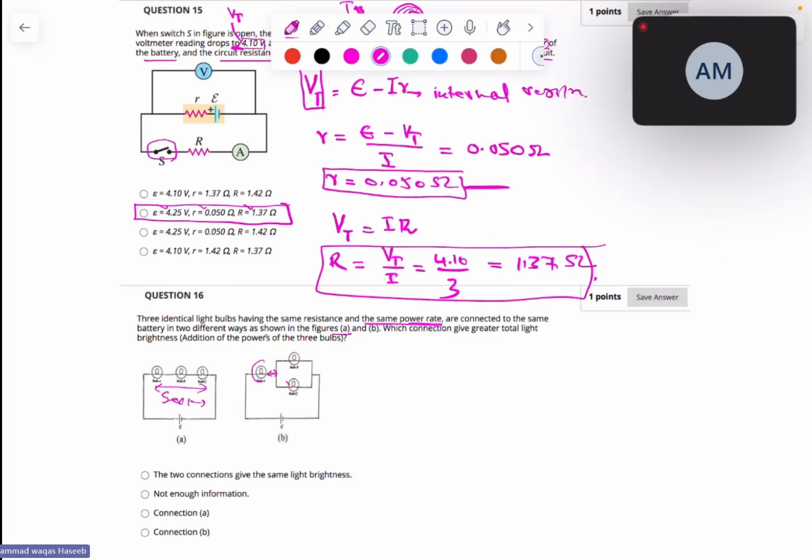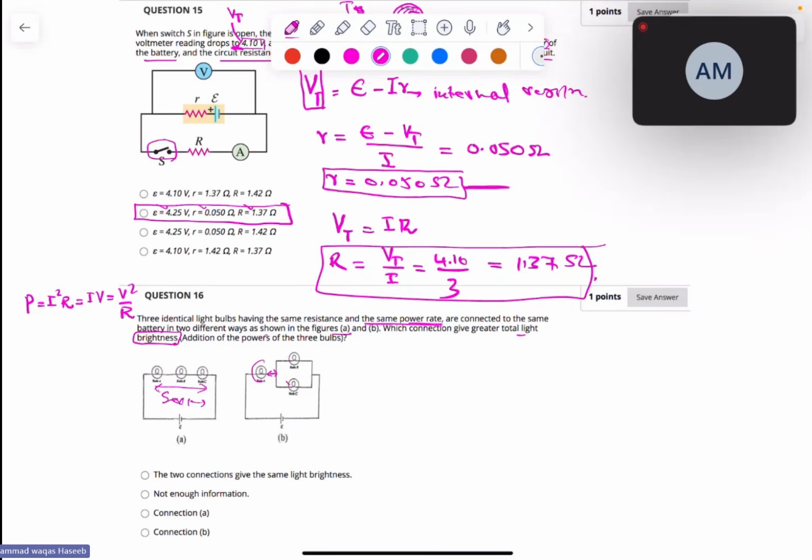So what he wants us to calculate: which connection gives the greater total light brightness? And the brightness is related to the power. So power of any circuit is I square R or IV or V square over R. Either way you can write the power.